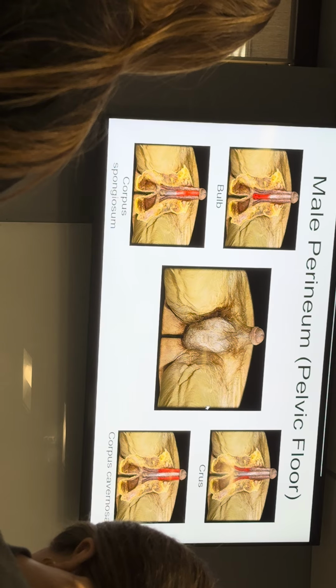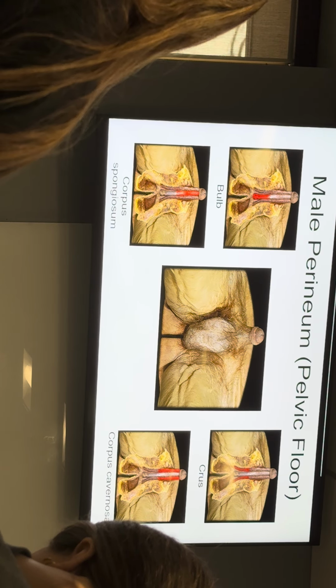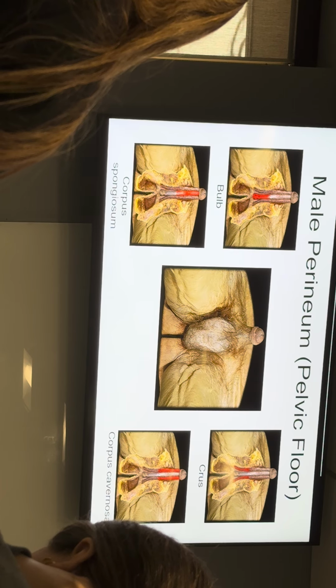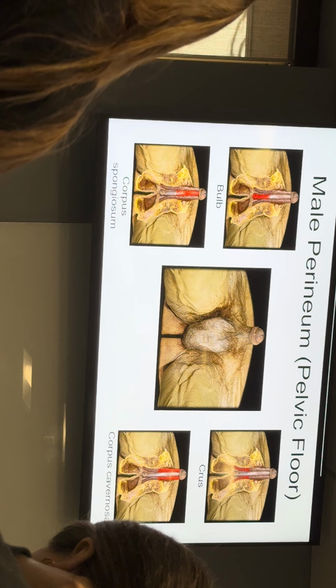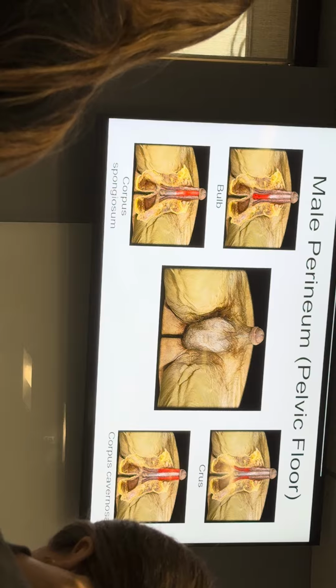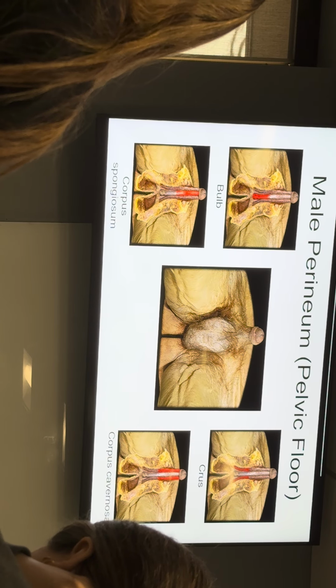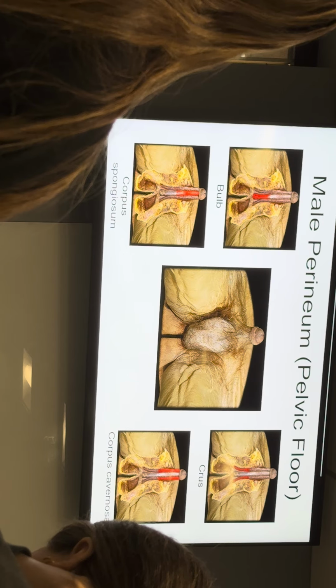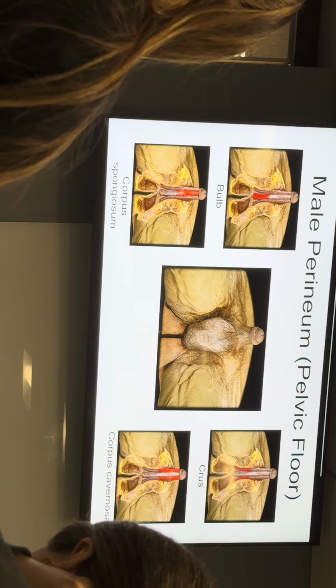Together, the bulb and the crus are like a third of the penis that is inside the body. Having the penis anchored inside the body makes it more rigid, not floppy, so it can go in easier and won't bend and break as much, which can happen. The crus and corpus cavernosum can rupture if bent.